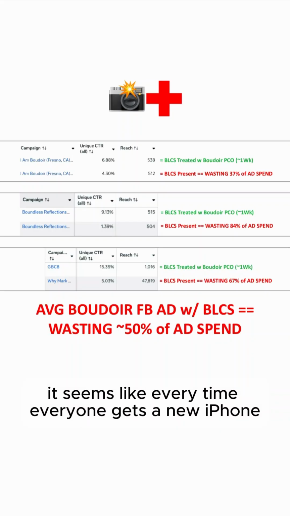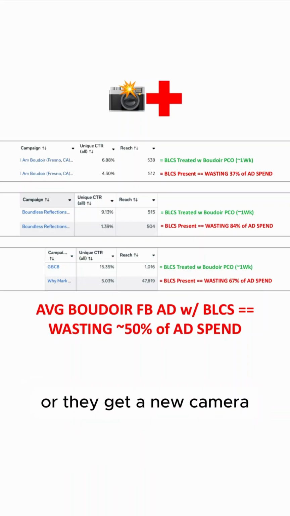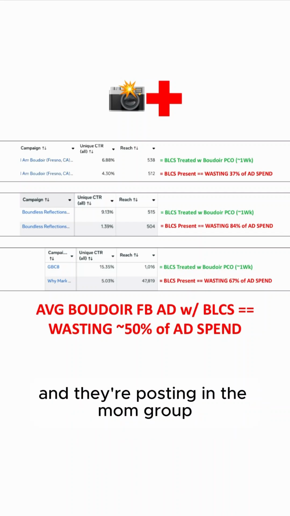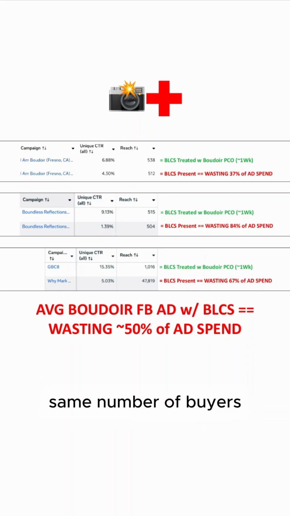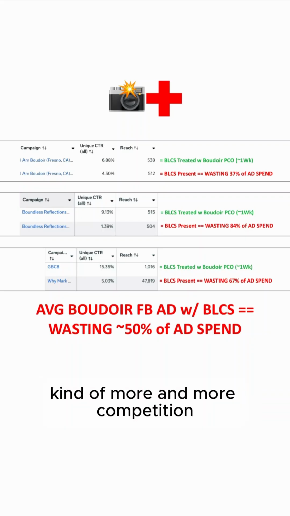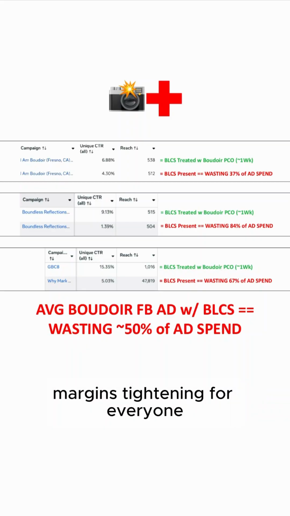It seems like any time everyone gets a new iPhone, they turn on Google My Business profile to say they offer Boudoir, or they get a new camera and they're posting in the mom group saying they offer Boudoir. So more and more service providers, same number of buyers, more and more competition, market's getting saturated, margins tightening for everyone.